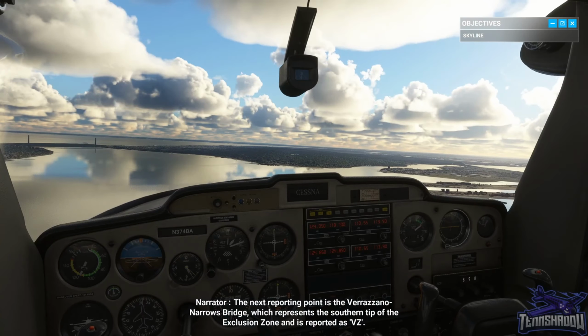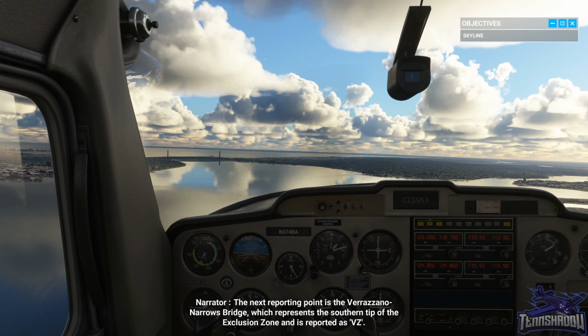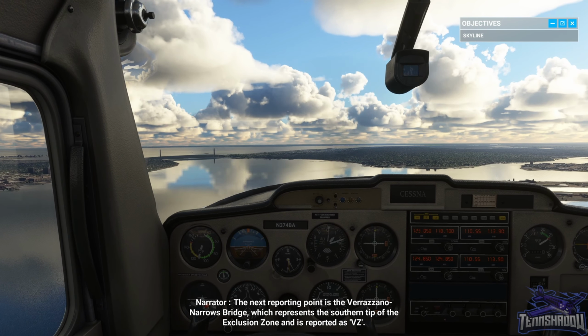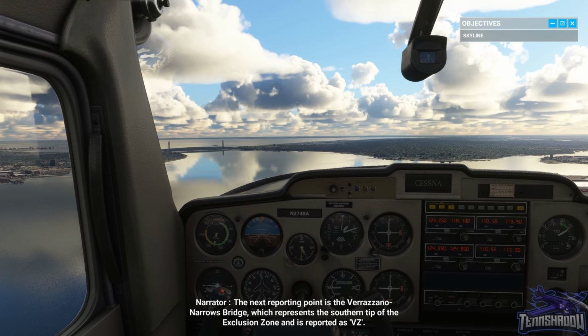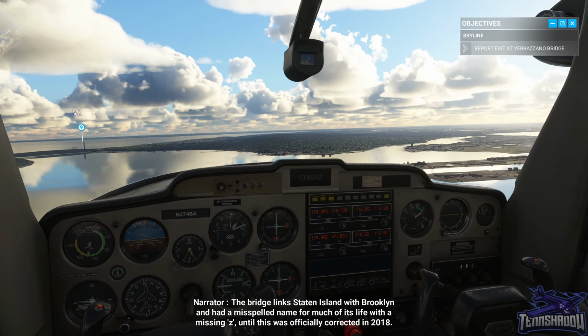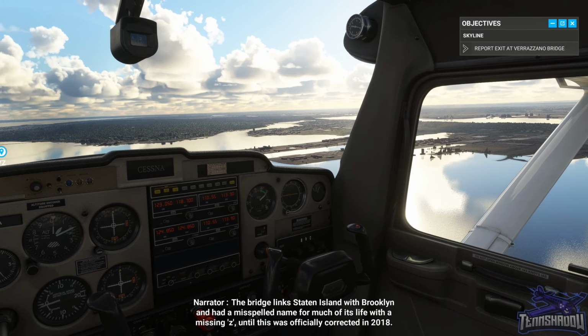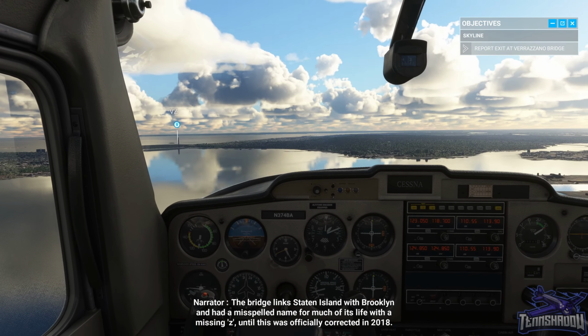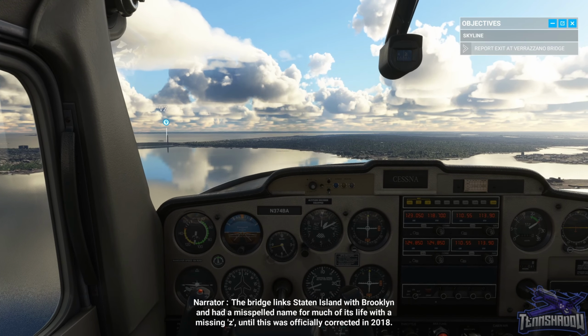The next reporting point is the Verrazano Narrows Bridge, which represents the southern tip of the exclusion zone and is reported as VZ. The bridge links Staten Island with Brooklyn and had a misspelt name for much of its life, with a missing Z, until this was officially corrected in 2018.